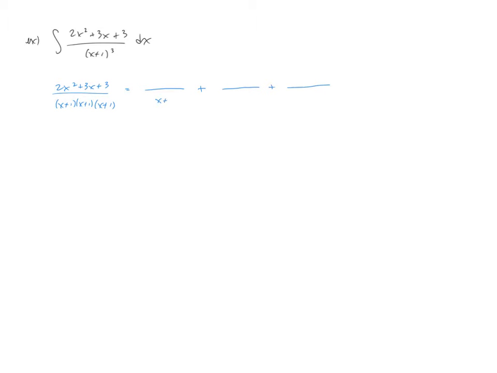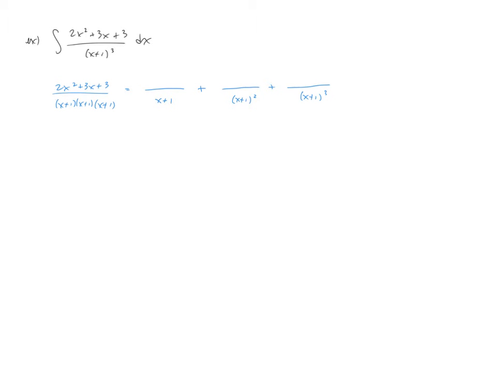We would have our x plus 1 here, and then our x plus 1 squared and our x plus 1 cubed. Remember, we have to take into consideration all possible ways to construct this common denominator, and this is the most exhaustive.